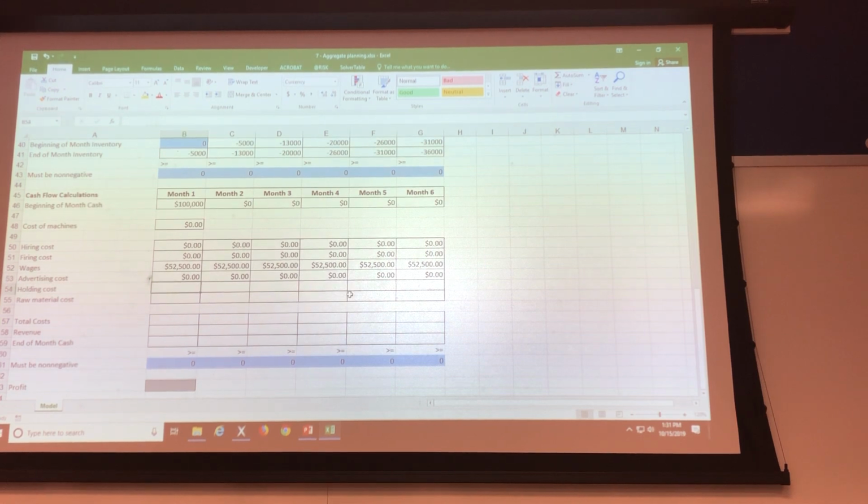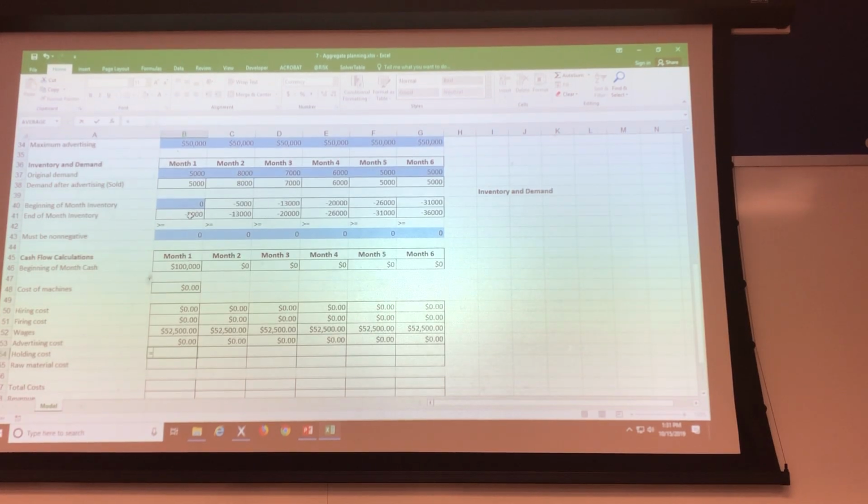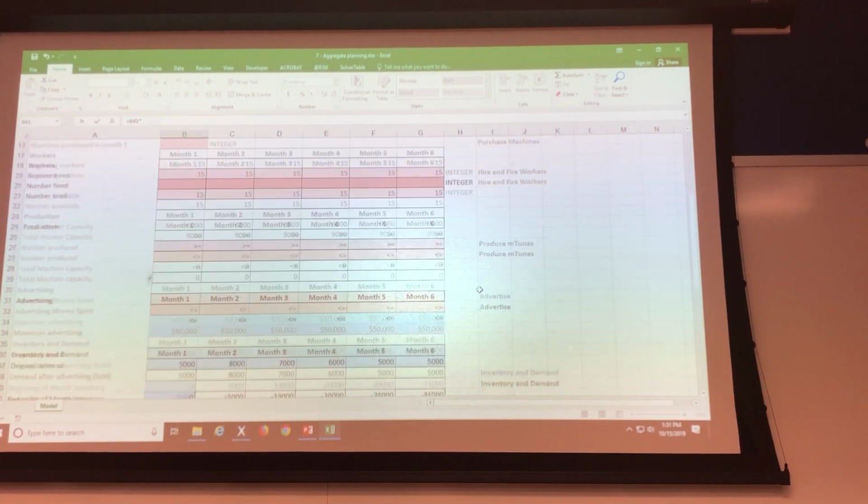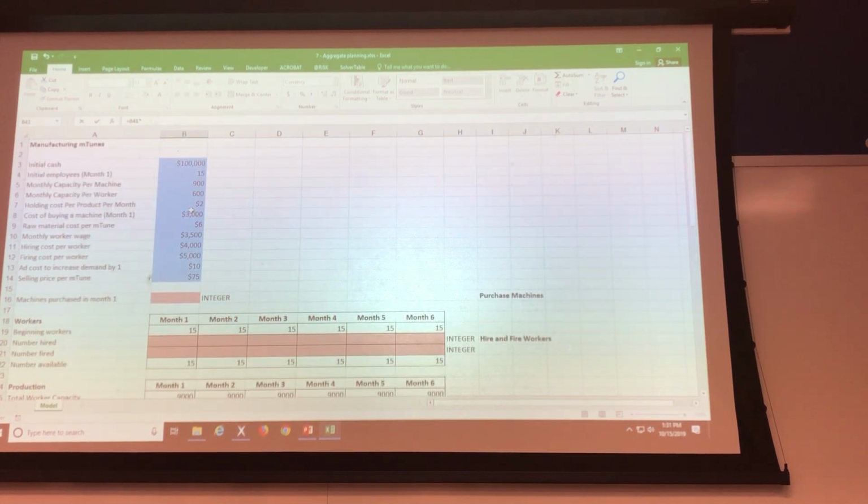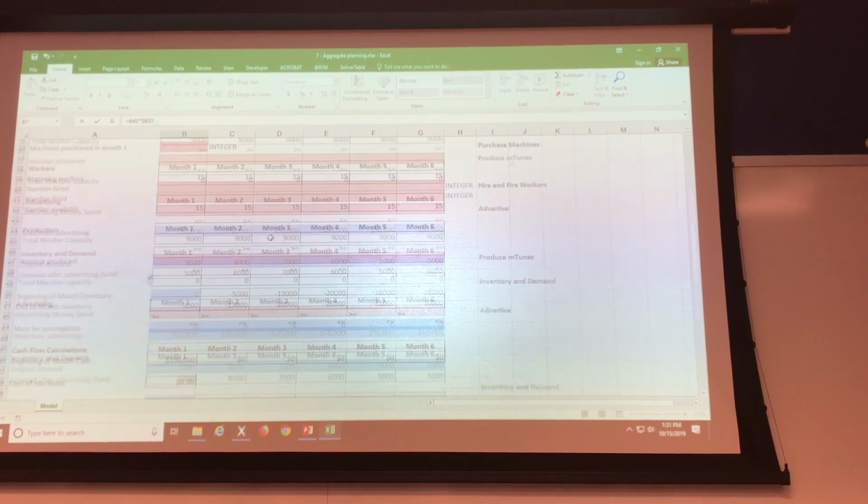How about holding cost? What's holding cost? End of month inventory times holding cost. Yeah, what do you have at the end of the month in inventory? Multiply that by the holding cost we had up here in B7. I'm going to make that one the absolute reference.